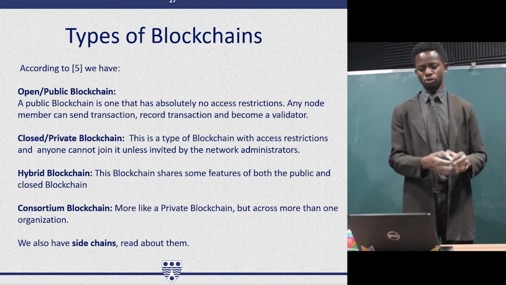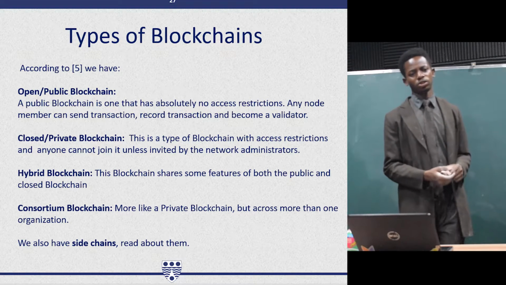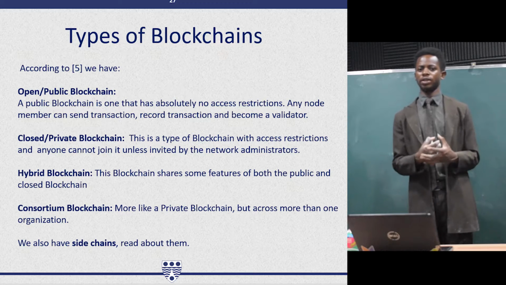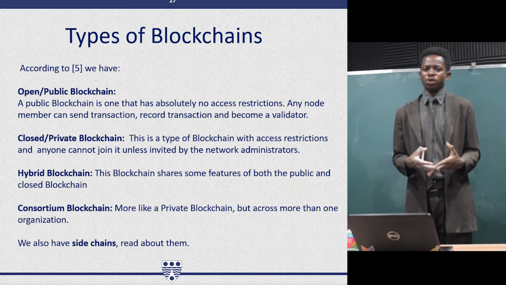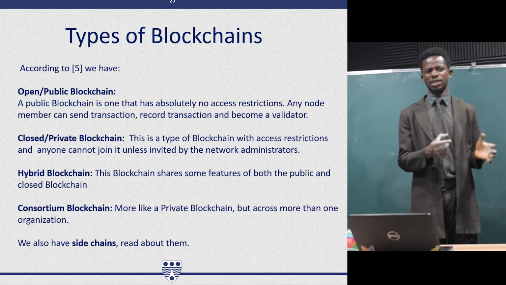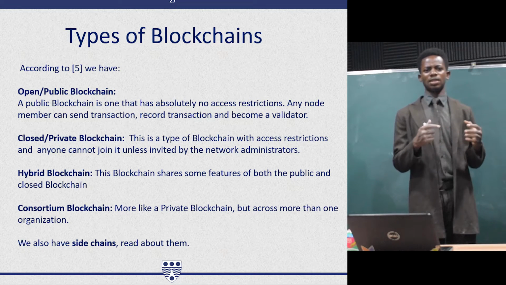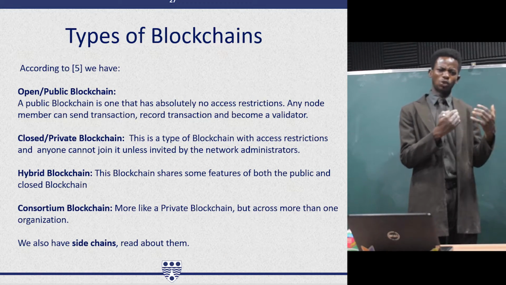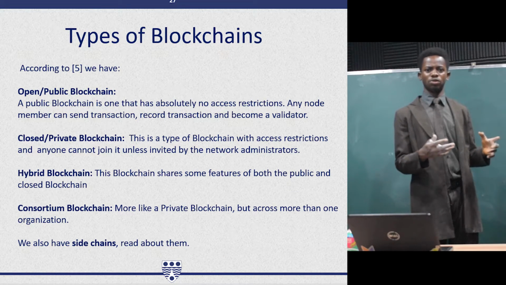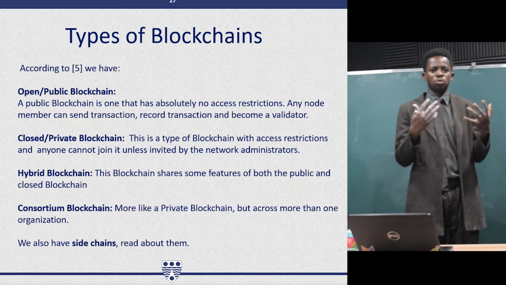Then the other is the consortium blockchain. Okay, so a consortium blockchain is more like a private blockchain, but across more than one organization. Remember, usually most people that use private blockchain are organizations. There's an organization that has its own private blockchain, not accessible to the public or used by the public. Why is it not accessible to the public?